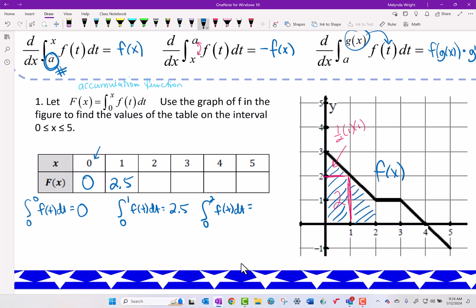This area needs to be included now. And this square, that's 1. And this one is another 1/2. So I would do 2.5 plus 1.5. Oh, arithmetic. 2.5 plus 1.5. What is that, 4? So I would have 4. So we are accumulating area as we move.